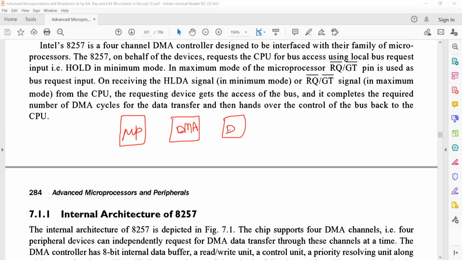This is device D. Suppose you want to transfer some data from this device D to the microprocessor.